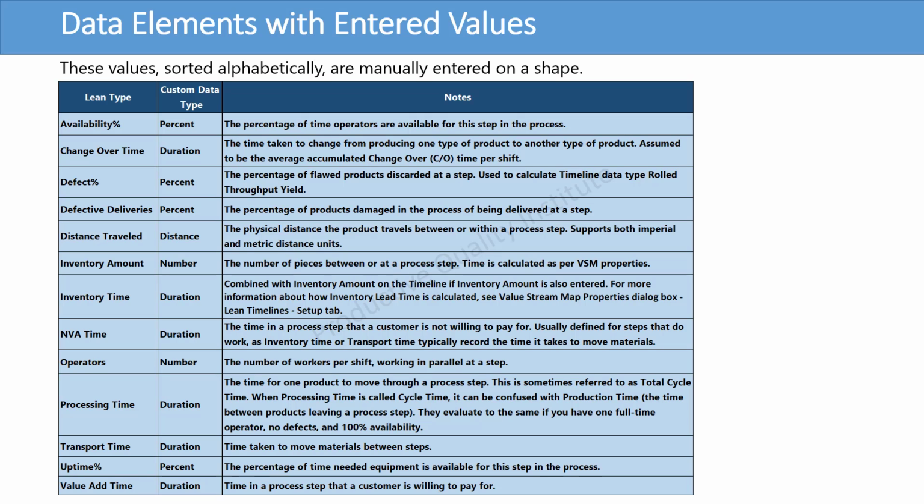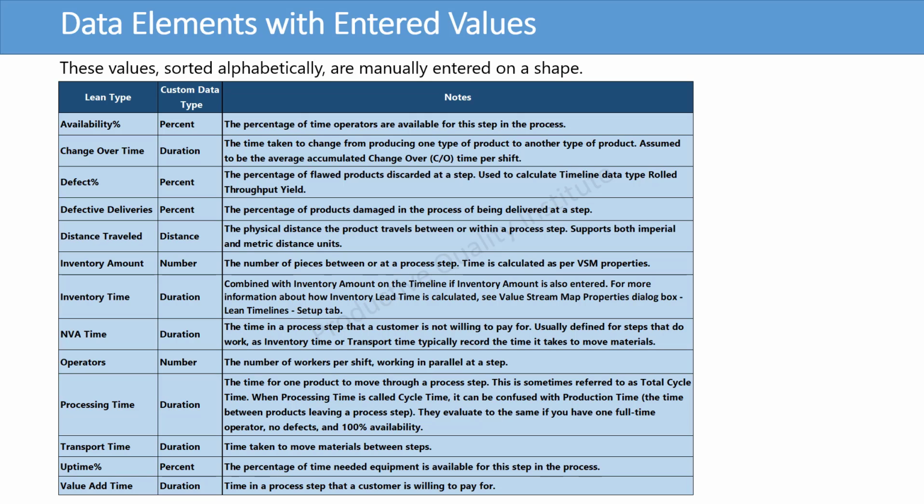Duration of processing time: the time for one product to move through a process step. This is sometimes referred to as total cycle time. When processing time is called cycle time, it can be confused with production time, the time between products leaving a process step. They evaluate to the same if you have one full-time operator, no defects, and 100% availability.